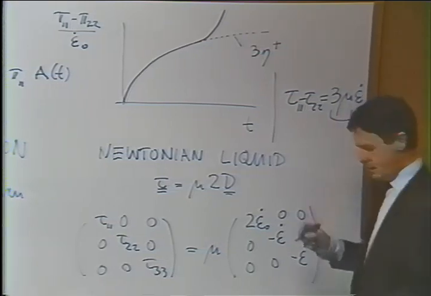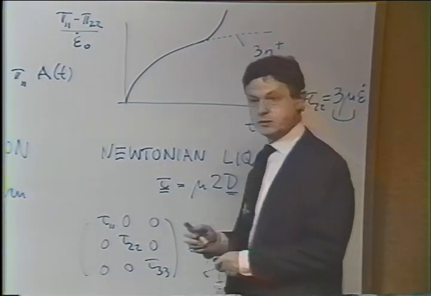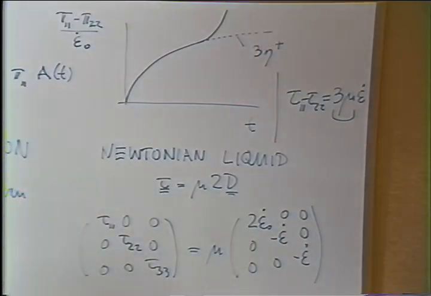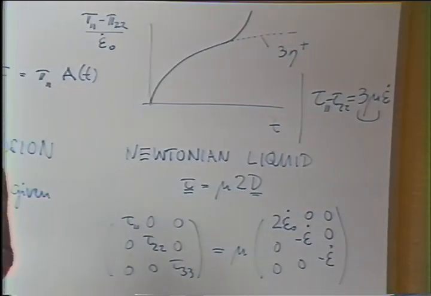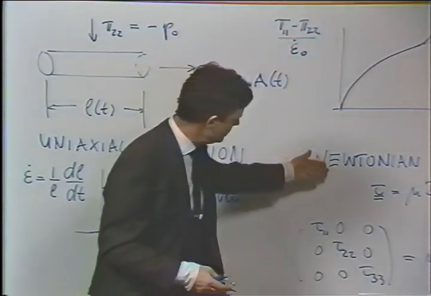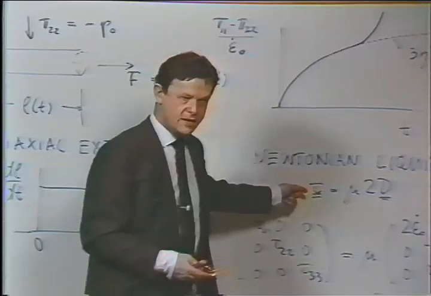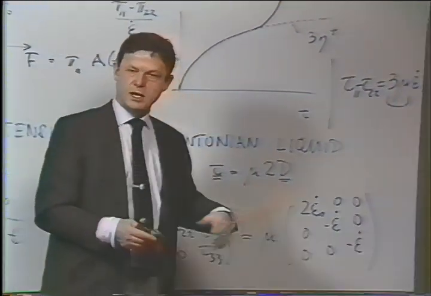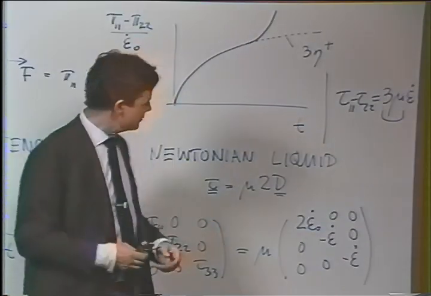And this is sometimes called the Trouton viscosity in extensional flow. But it is no new property. It is the same property as we discover in shear. The only assumption in this derivation was that we have constant density. We haven't considered any volume changes, and that's a very good assumption in this case.